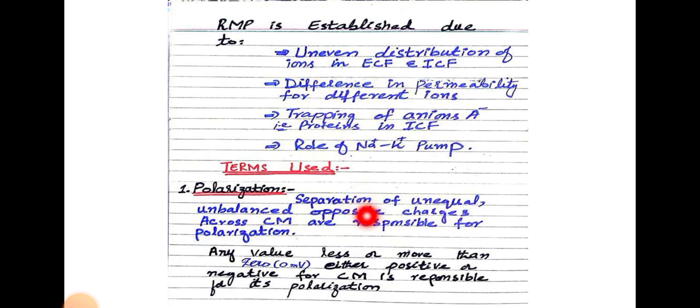If microelectrodes are placed inside and outside an axon of a squid, they will show the voltage. When the voltage value is zero, it means there is no polarity, there is no separation of unequal opposite charges.